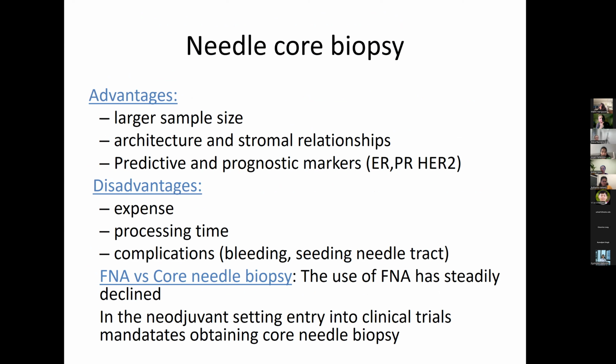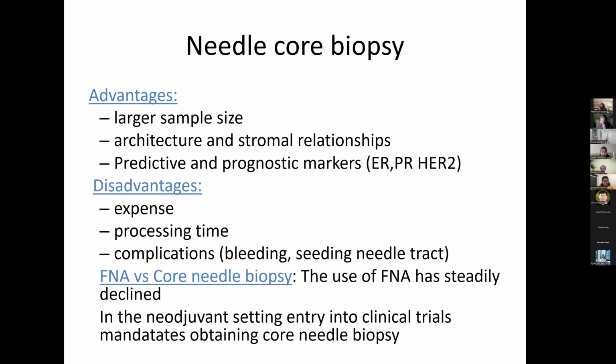So therefore, needle core biopsy has now overtaken FNA. In many institutions, the only reasons to do an FNA of the breast are to get cyst fluids or for the FNA of the lymph node.